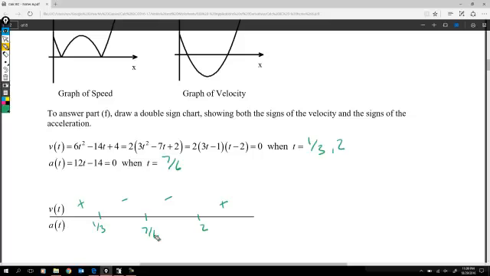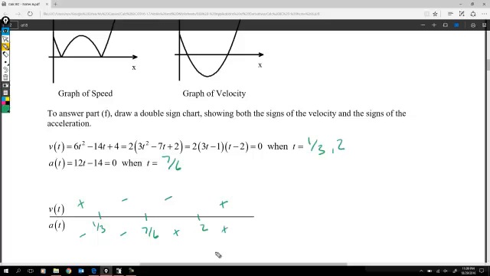So if I plug a number smaller than 7/6 in, like 0, I'll get a negative number. So it's negative between both of these. I don't need to test 1/3 for my acceleration because 1/3 is a critical number, not an inflection point, and so the acceleration won't change in between 1/3 and then over here. Okay, and then greater than 7/6, if I plug a number in, it will be positive.